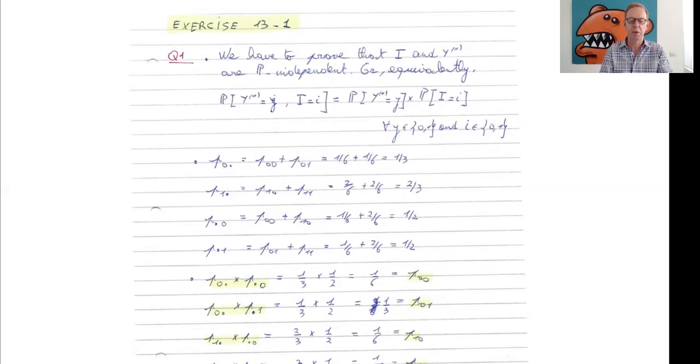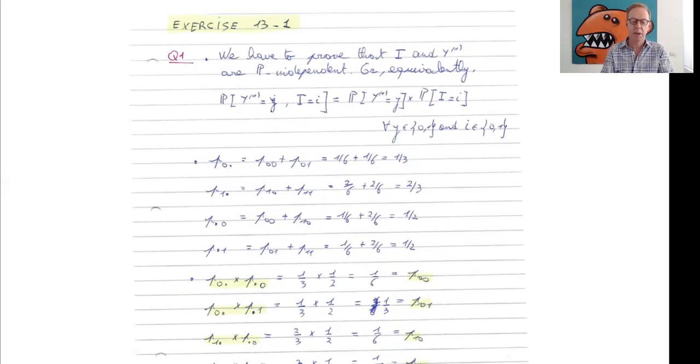It is equal to the sum of the probabilities P00 plus P01, or the sum of the probabilities of the events leading to a stock value 0. And P00 and P01 are 1 over 6 and 1 over 6. So P0 dot, the probability that the stock will be equal to value 0, is 1 over 3.